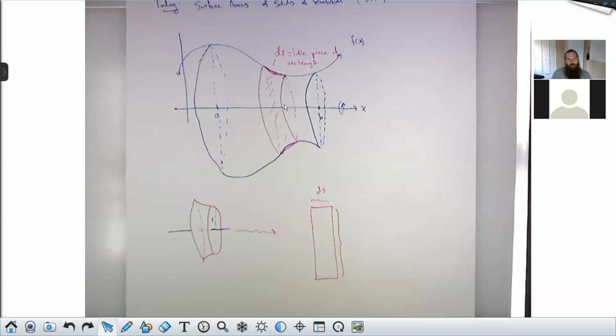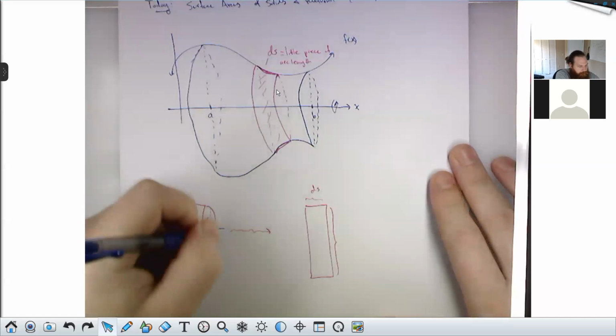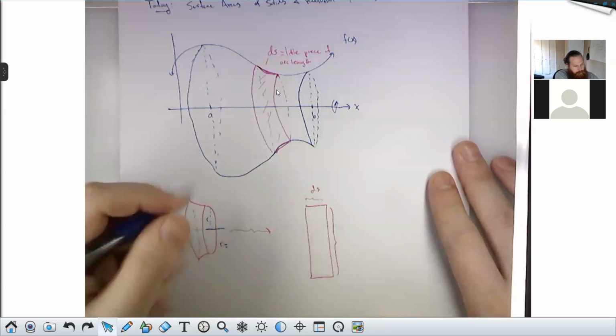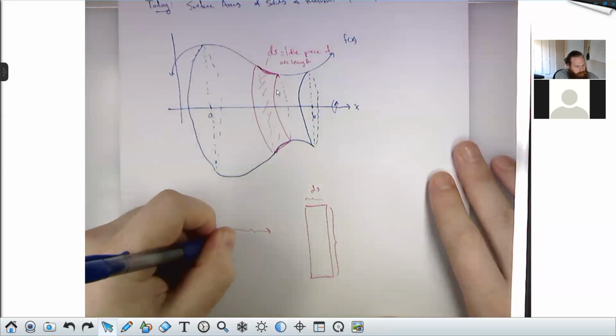The distance from the horizontal axis, or the axis of rotation, to the function at the point where you're looking at this little ds arc length strip. Which means that this radius is equal to f of x.